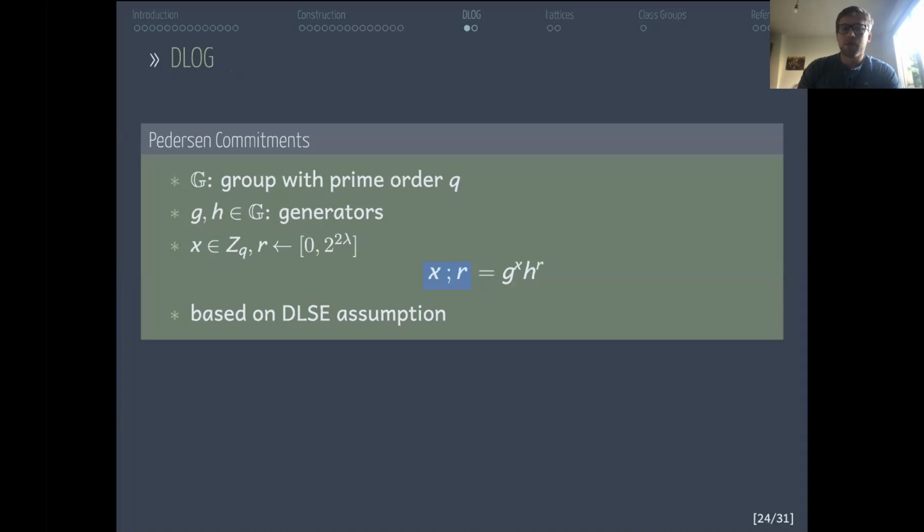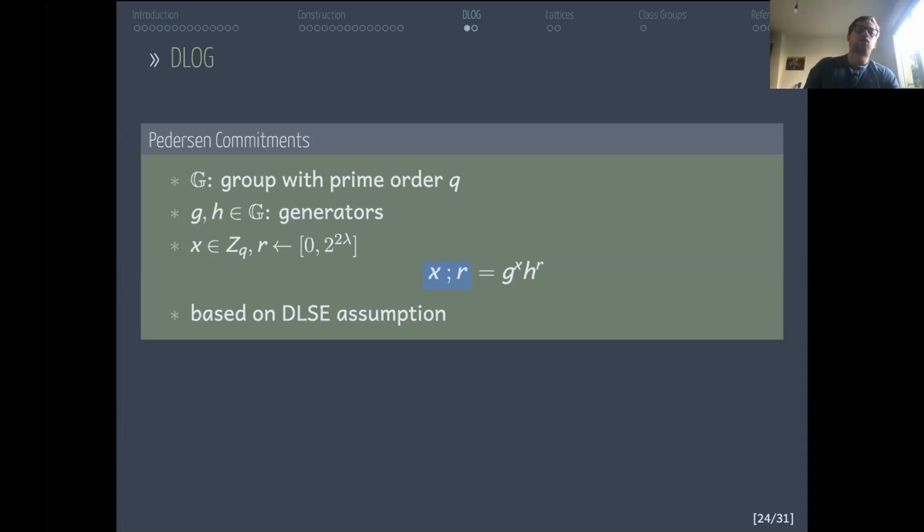Quickly, in the D-log setting, we have a group with prime order q. We have G and H, so we use Pedersen commitments, and we choose G and H as random generators. This can be done without trusted setup. In order to commit to a message x in Z_q, we choose a short opening r, a short randomness r, and compute G^x H^r.